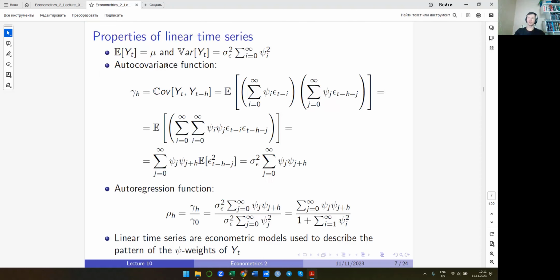So this was a general introduction of linear time series, the most general way of talking about time series. Now we go closer to the practice.